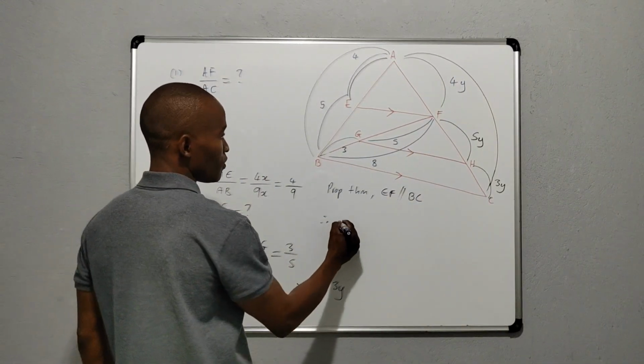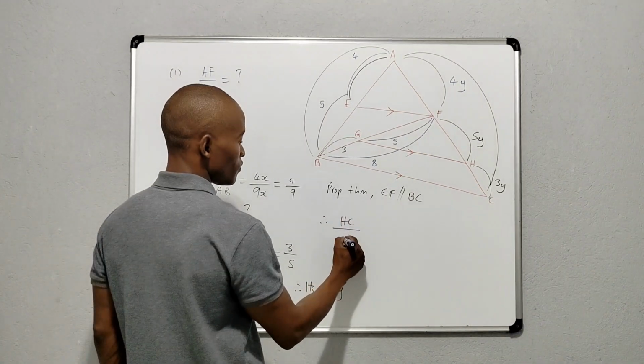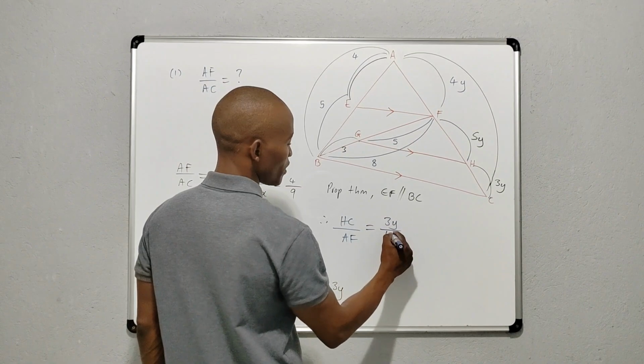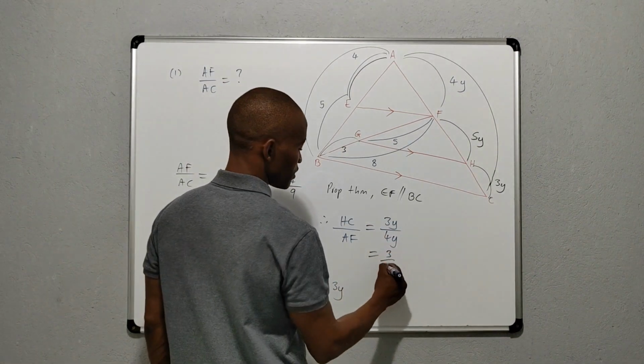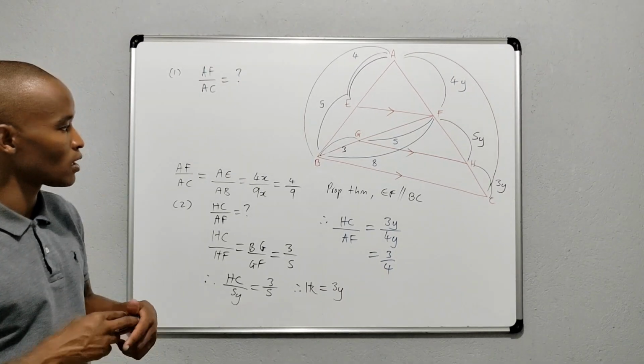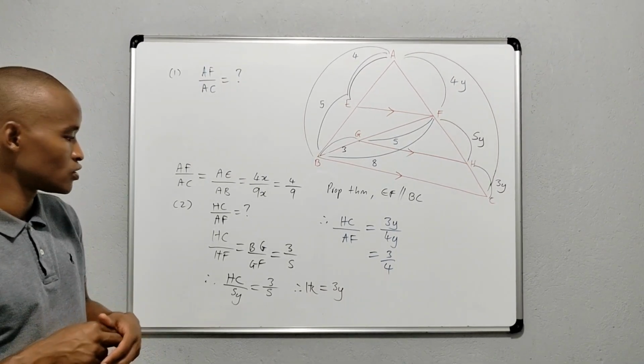Therefore HC over AF is equal to 3y over 4y, giving us 3 over 4. So this takes care of question 2.